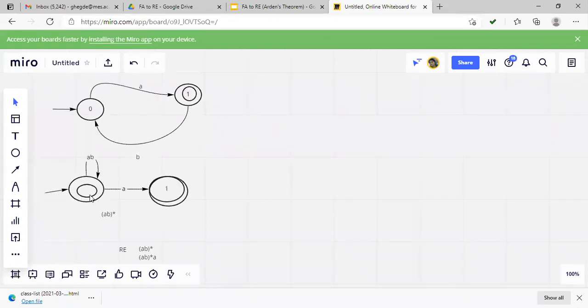So here, we have to remove this loop, right? You'll have this. So what is the RE for this? If I remove the loop, A, B whole star, so we put A, B here. This loop we read, A, B, and we added it here, right? And this as it is.